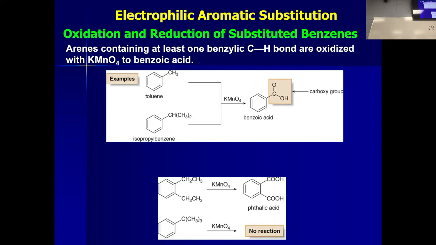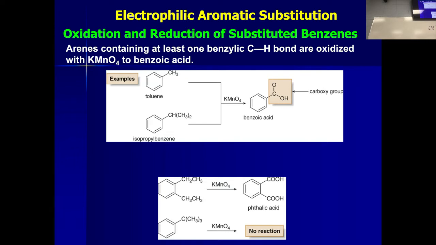Especially if you've ever gotten a package of soy sauce, read the back of the packet, it'll say contains sodium benzoate. They can make that from crude oil. This is where we get toluene. So you can take toluene, oxidize it to benzoic acid, and you have a food preservative, or the precursor to a food preservative.